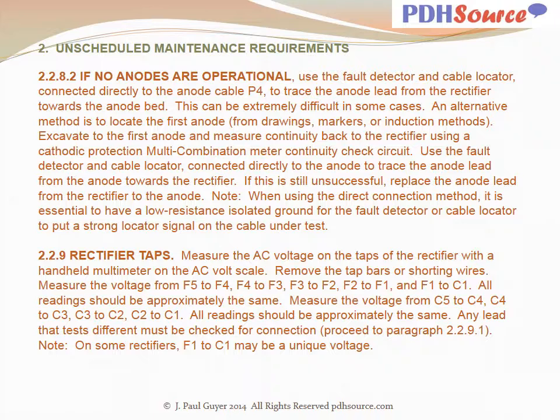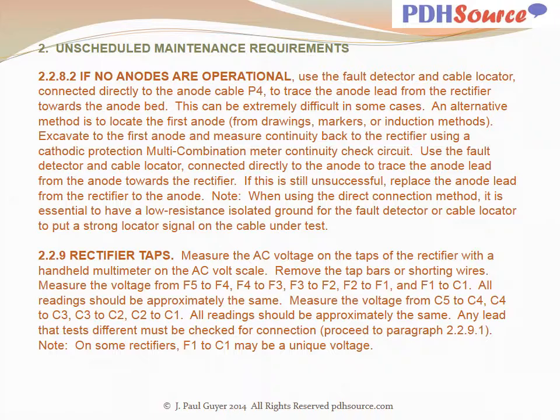For rectifier taps, measure the AC voltage on the taps of the rectifier with a handheld multimeter on the AC volt scale. Remove the tap bars or shorting wires. Measure the voltage from F5 to F4, F4 to F3, F3 to F2, F2 to F1, and F1 to C1. All readings should be approximately the same.